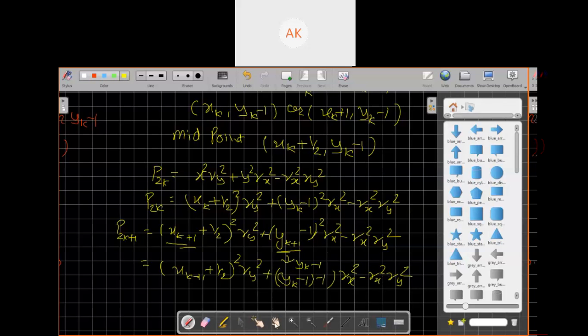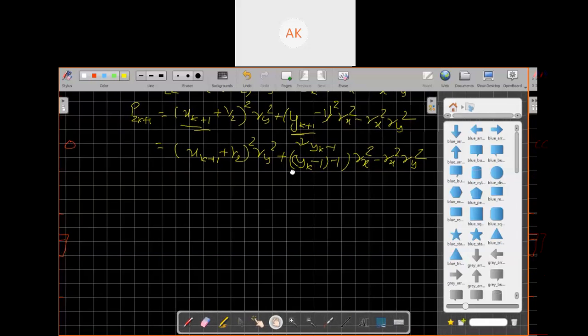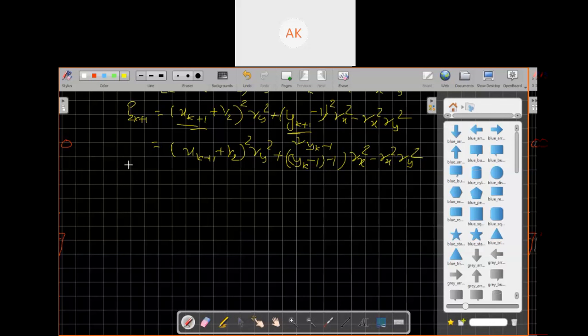Again, I'm writing the final value of what you will get when you simplify this equation of the next decision parameter p2k plus 1.